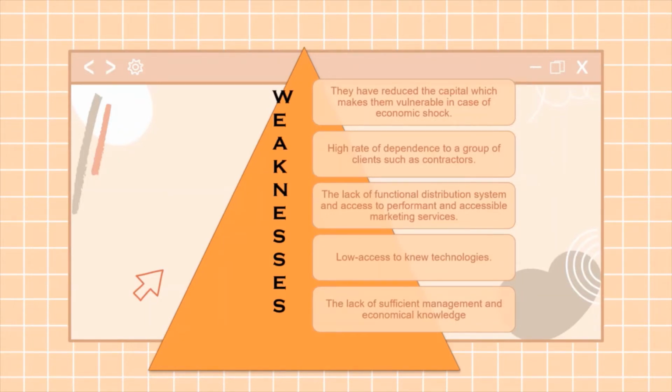Third, the lack of a functional distribution system and access to performant and accessible marketing services makes them invisible and unusual instead. Fourth, low access to new technologies.